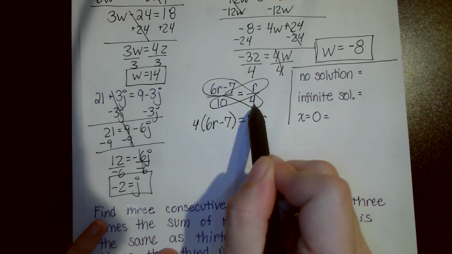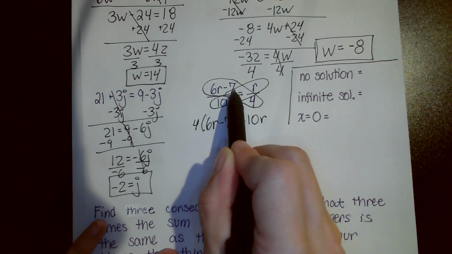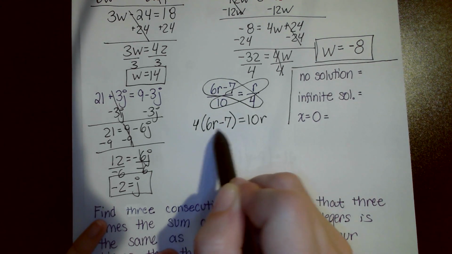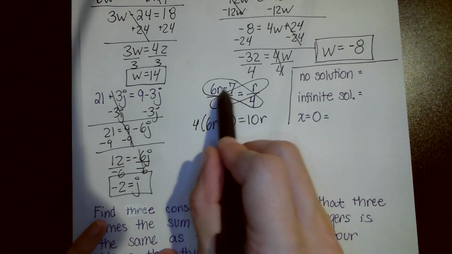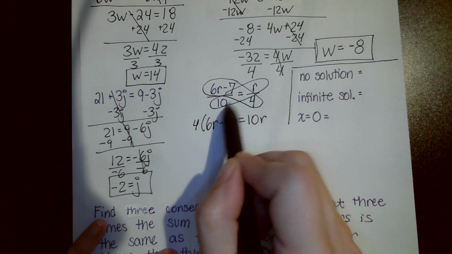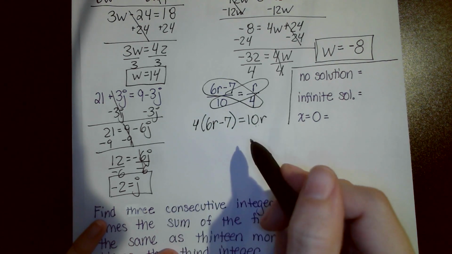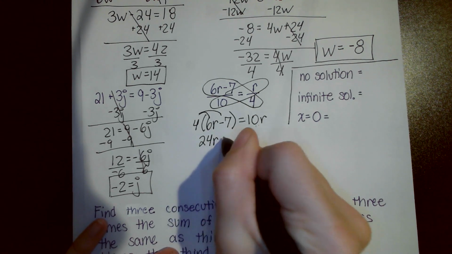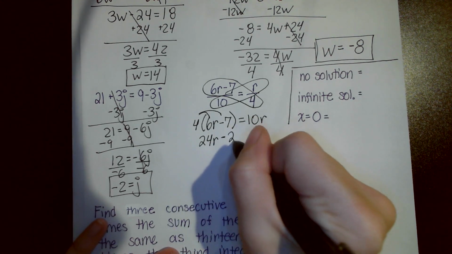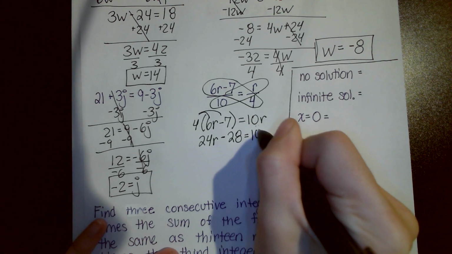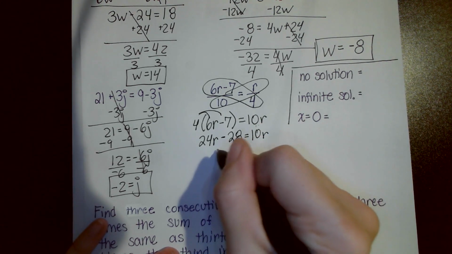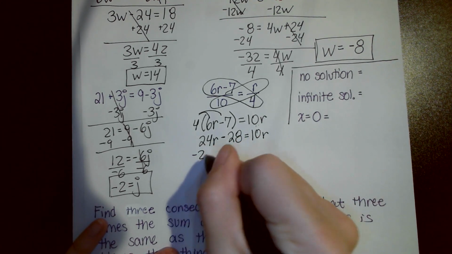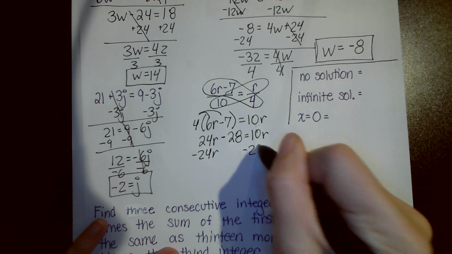Please notice I had to put the 6r minus 7 in parentheses to make sure this whole thing gets multiplied. And then 10 times r is 10r. Now I distribute. 24r minus 28 equals 10r. I'm going to subtract 24r now from both sides.